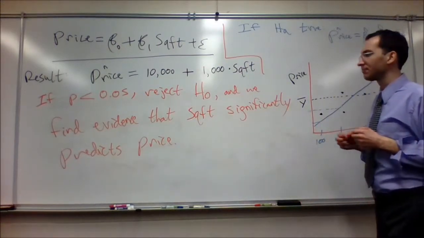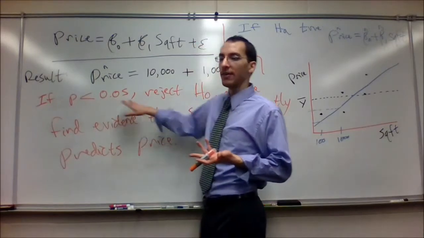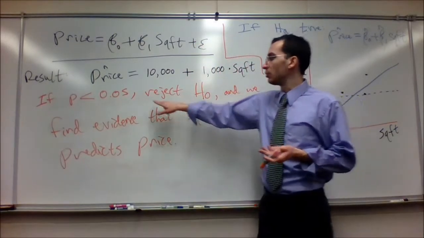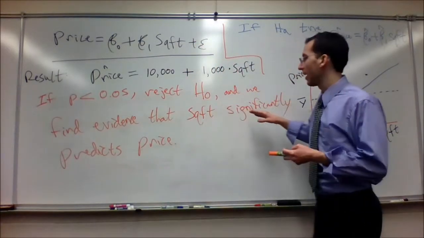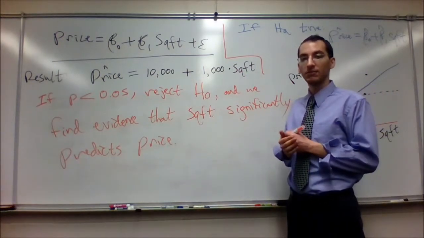Pretty straightforward. And if p is greater than 0.05, then we say we do not reject H0 and we do not find evidence that square feet predicts price.